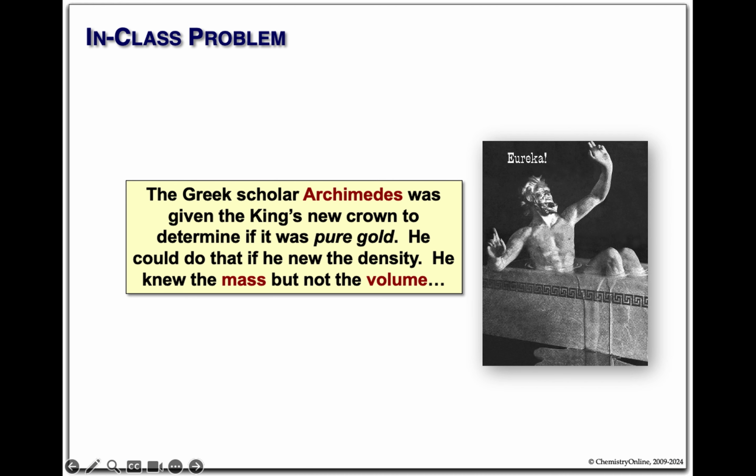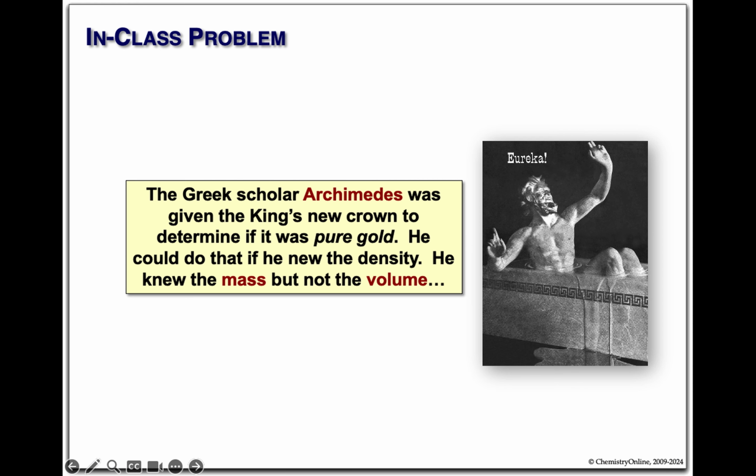The scholar Archimedes. The king had a new crown. He suspected that the goldsmith had stuck silver in there and it wasn't pure gold. That would really irritate him. So he asked Archimedes, is this pure gold?